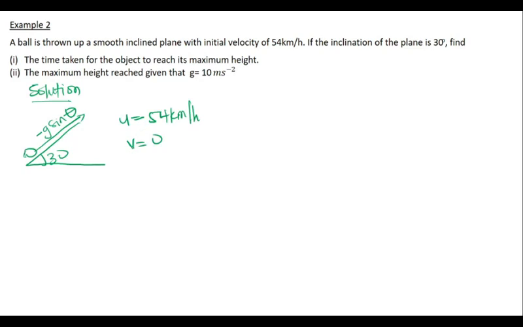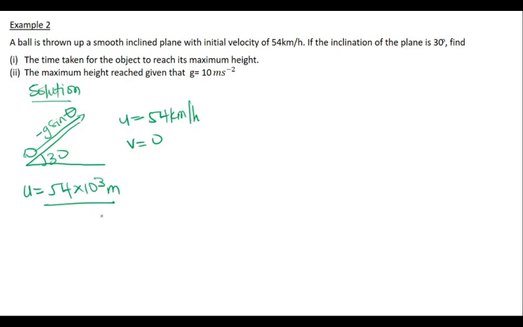Before we do anything, let's convert the initial velocity into meters per second, because that is the standard unit for measuring velocity. So this will be equal to 54 kilo, times 10 raised to the power 3, meters per hour.